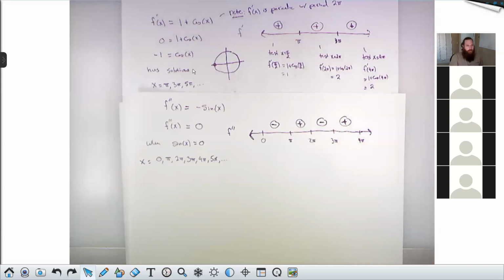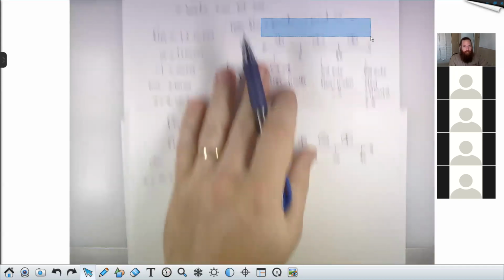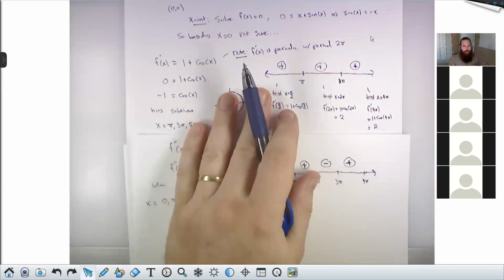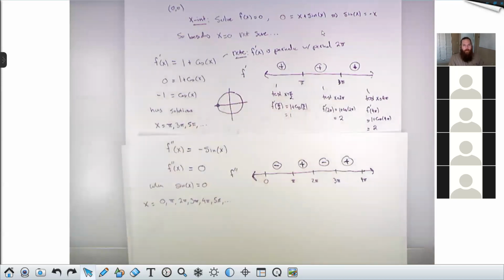So what I don't have is the information for f itself. It's kind of hard for me to figure out where f itself is positive and where f itself is negative. But if you think carefully, you can string together the information here and the information from the very start, looking at the x-intercept stuff. So I know that I go through the point 0, 0.